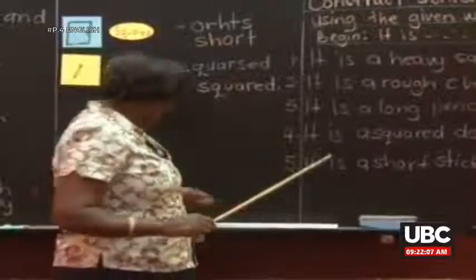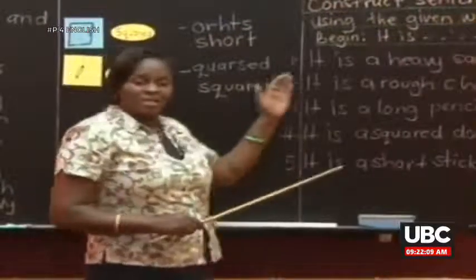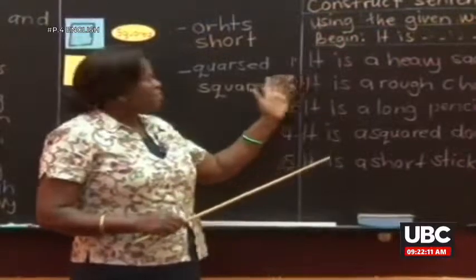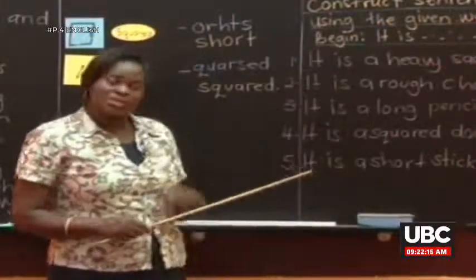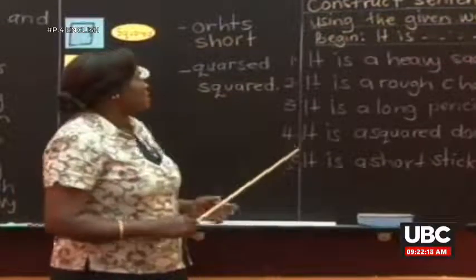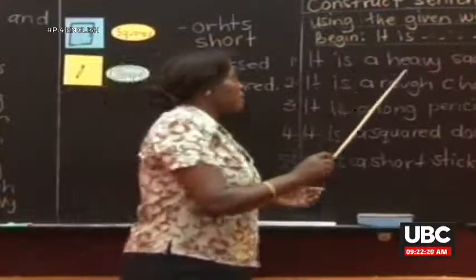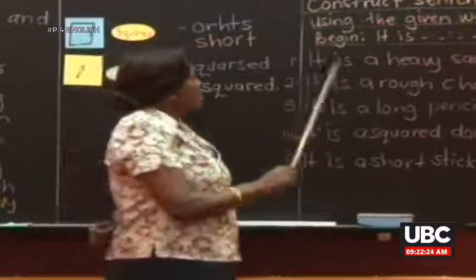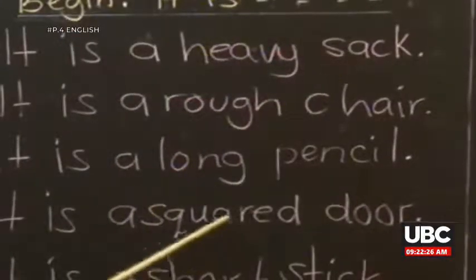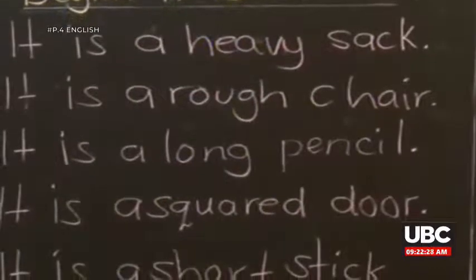We are trying to develop our speaking skill by first of all beginning with these short, simple sentences using the given words. We have been given the word heavy, but we've tried to construct a sentence saying, it is a heavy sack. You are describing, at the same time, you are constructing very good sentences.